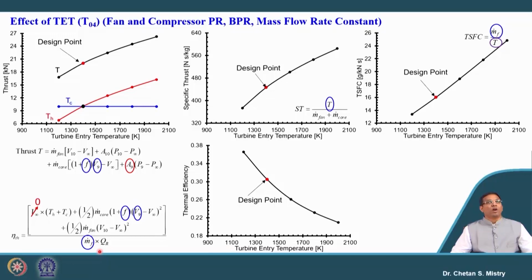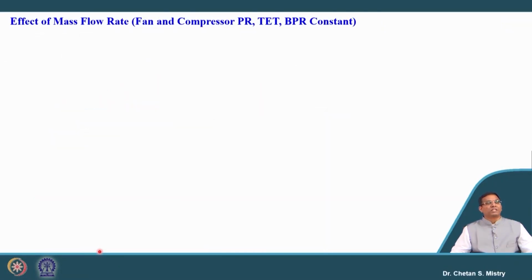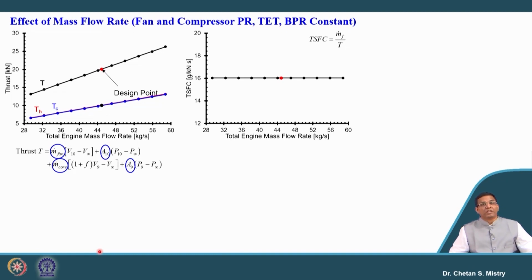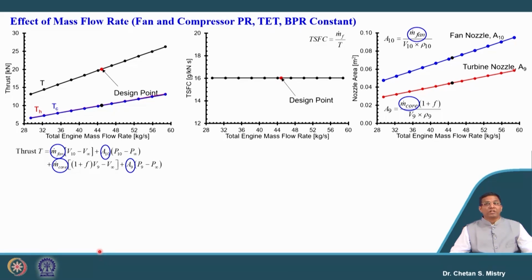Okay. Now, with this, let us see what is happening if we change our mass flow rate, keeping all other parameters constant. For that case, for both hot thrust and cold thrust, this number is coming the same. Thrust is what will increase with the increase of mass flow rate. Similarly, the thrust specific fuel consumption remains constant, and here this represents my nozzle area.